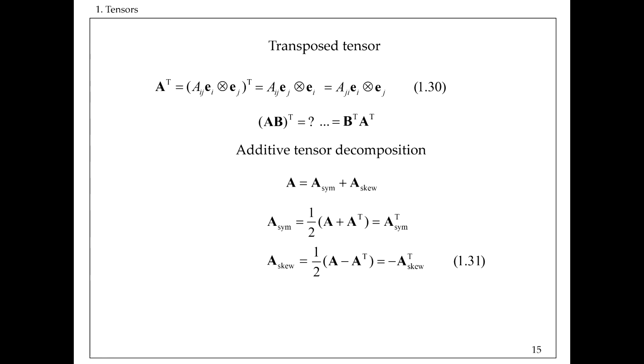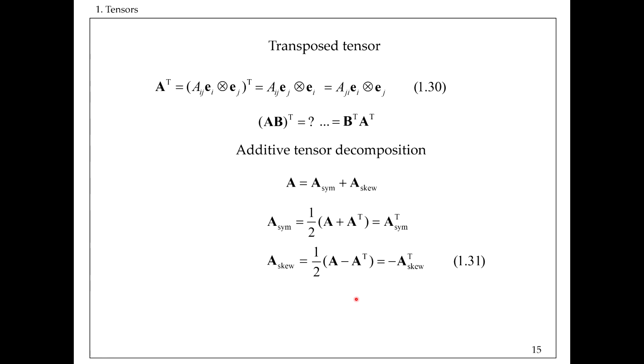You can see that by transposing A skew: the result is a factor of half times A transpose minus A, because the transpose drops, and that is minus the original result, A minus A transpose. If you transpose that, we have A transpose minus A, so that is exactly minus A skew.